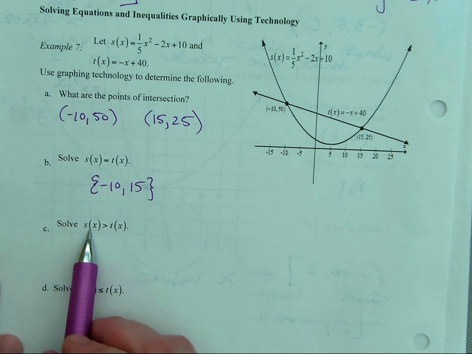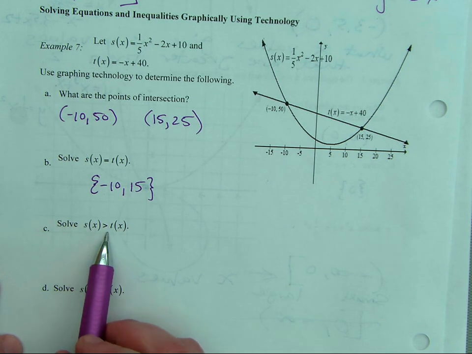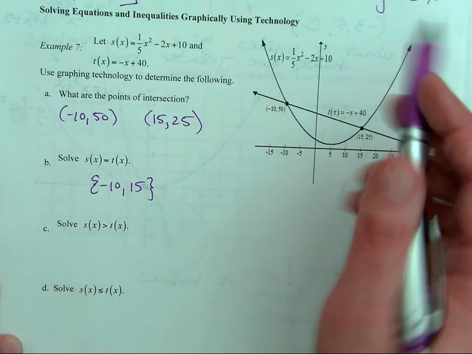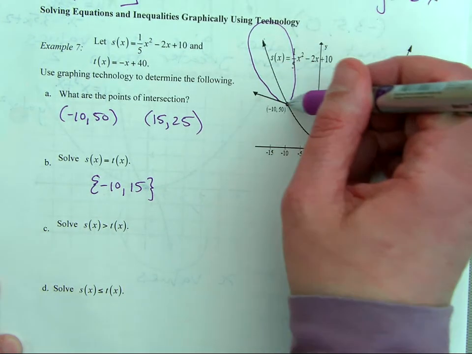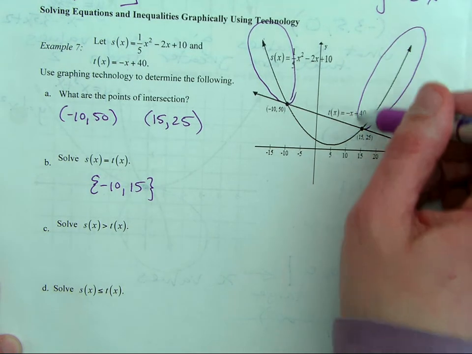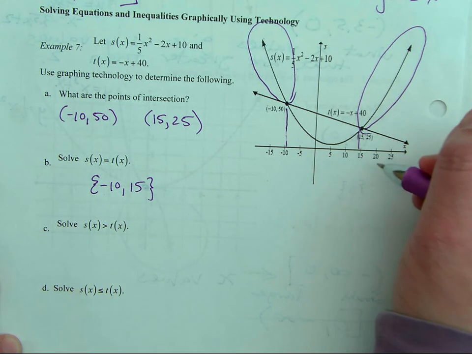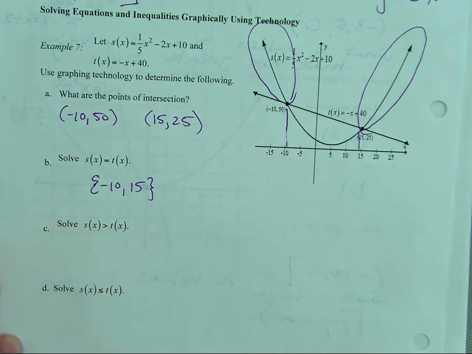Now we want to know, when is s of x greater than t of x? Since here we have t of x and here's s of x, we're looking for what is this interval here and here? So we go down to the x values, and who can tell me the different intervals for the solution to that inequality?